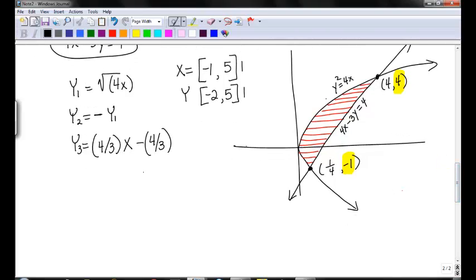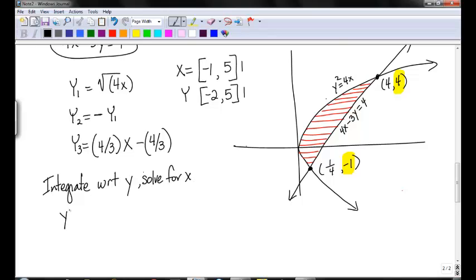So now, to integrate with respect to y, you have to solve for x.